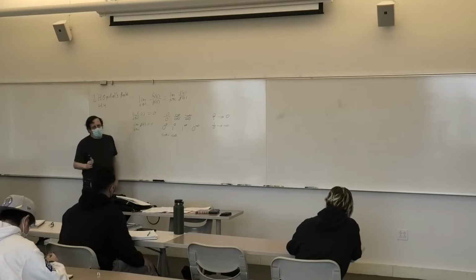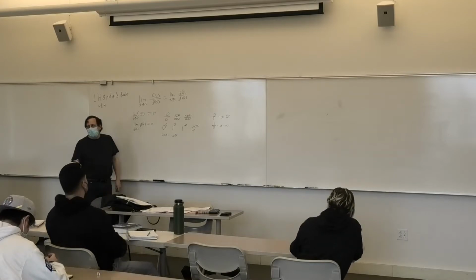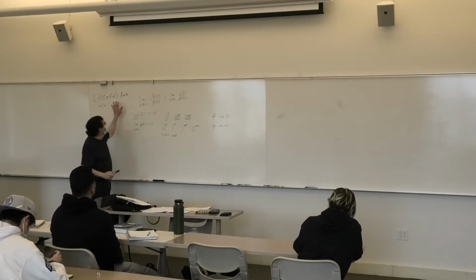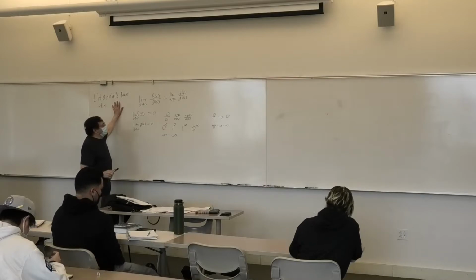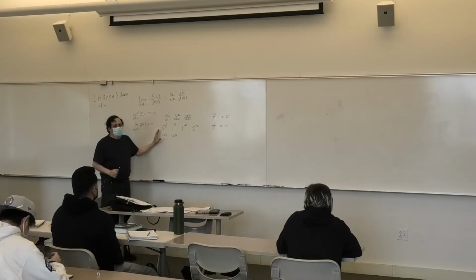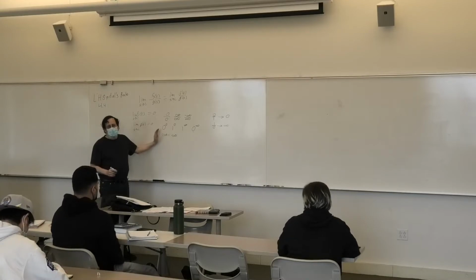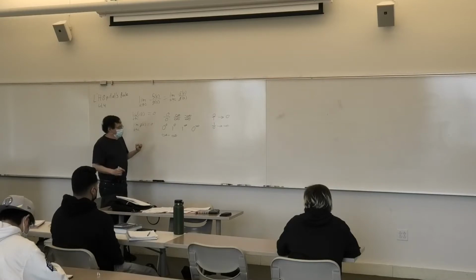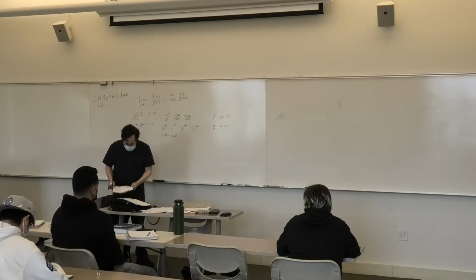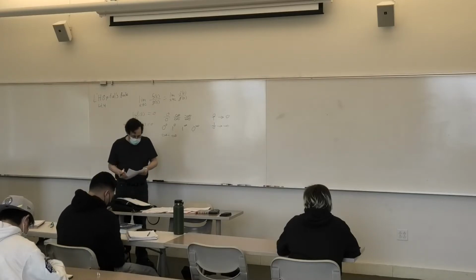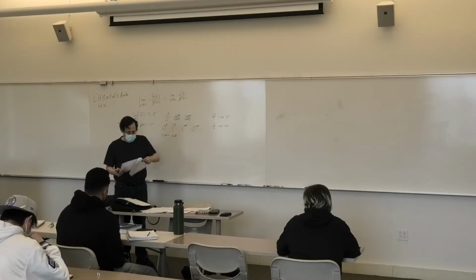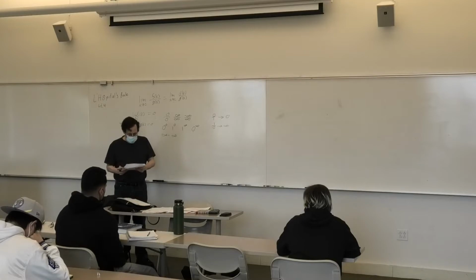It's very important before you try to use L'Hopital's rule that you establish that it's an indeterminate form. If you use L'Hopital's rule on something that's not an indeterminate form, you're going to get the wrong answer. I can't emphasize this enough because it's a standard Calc 1 mistake.